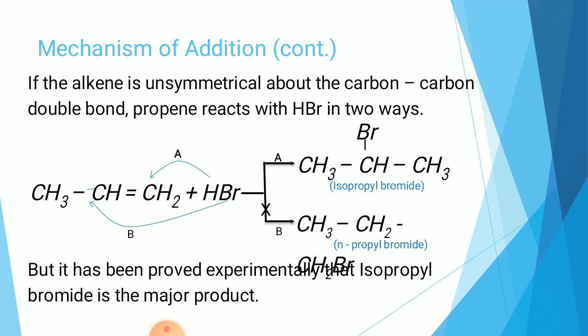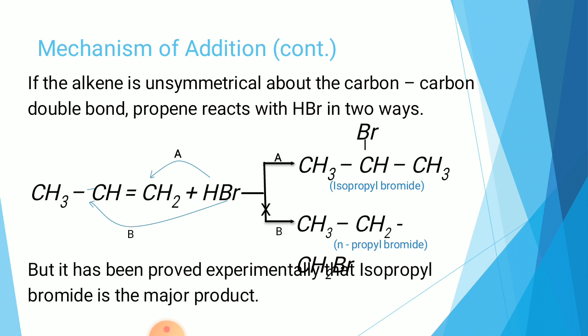If the alkene is unsymmetrical about the carbon-carbon double bond, for example propene, which is an unsymmetrical alkene, then when it interacts with hydrogen bromide, two types of products are formed again. What are those? See here, two arrow marks are there. First one is A, where hydrogen is attached to the CH of the double bond CH2.